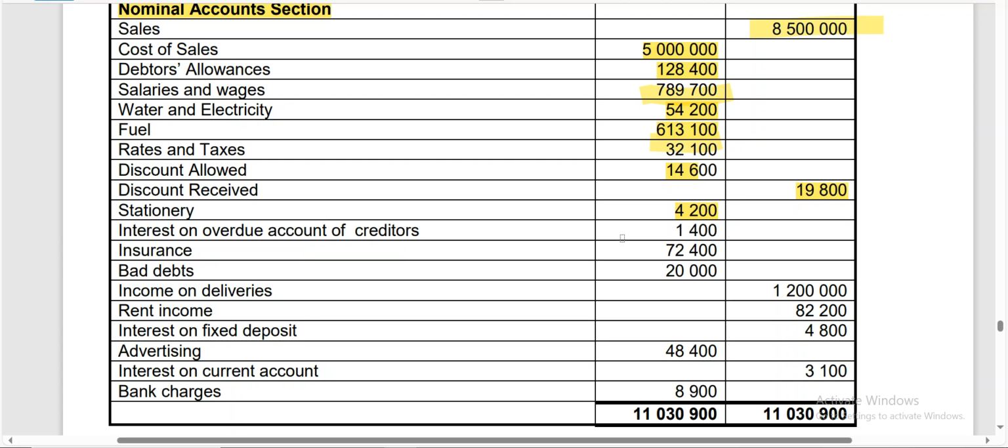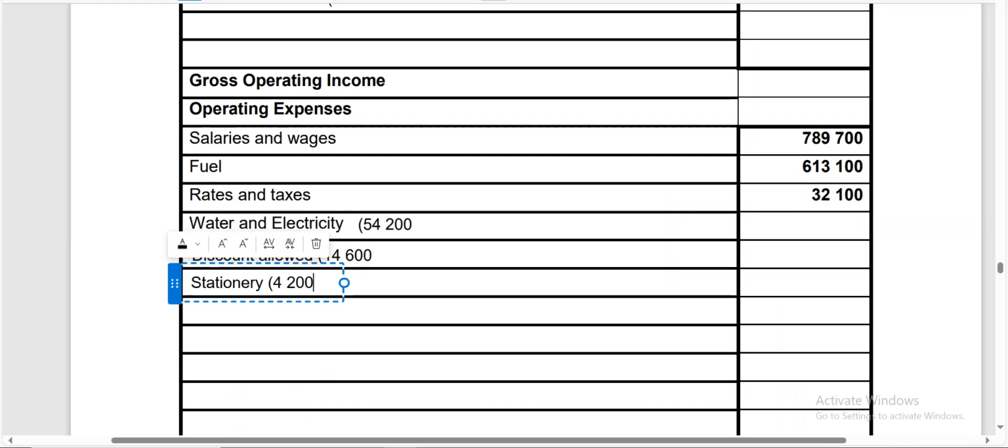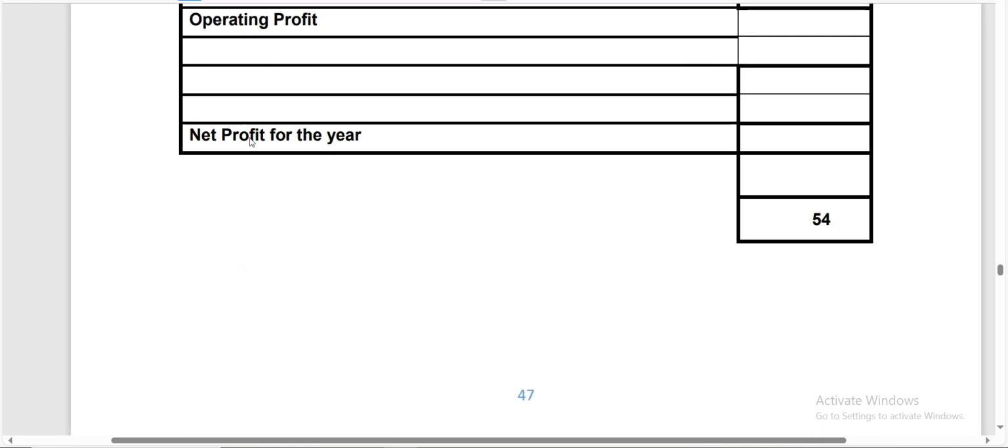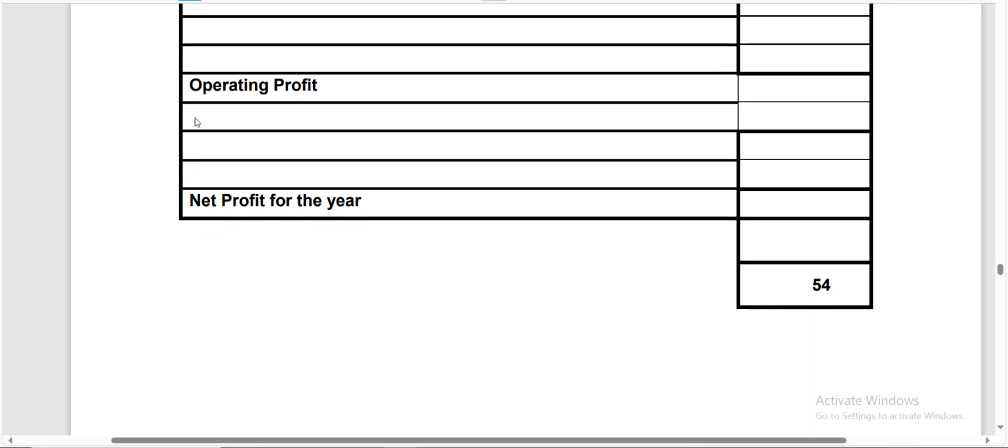And then from there, we're going to go to our information. We have interest on overdue creditors. We know that interest on overdue creditors is part of our interest expense here. Remember, here we'll have operating profit. Here we would have interest income, and then next we'll have profit before interest income.